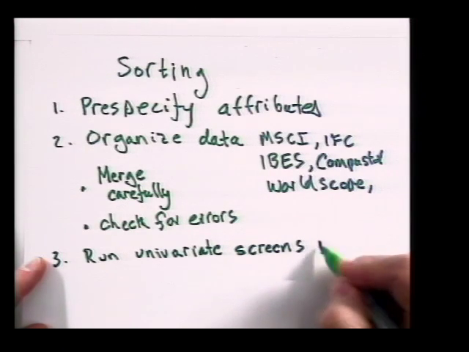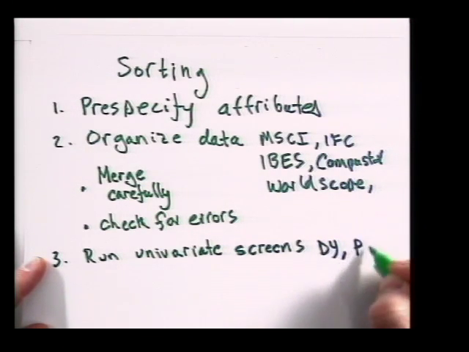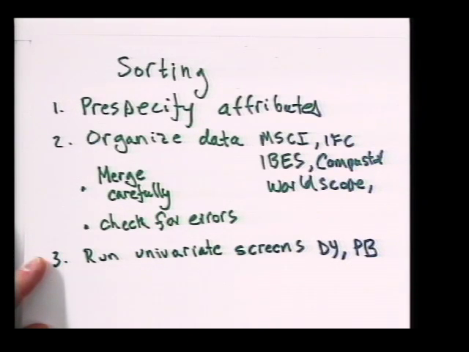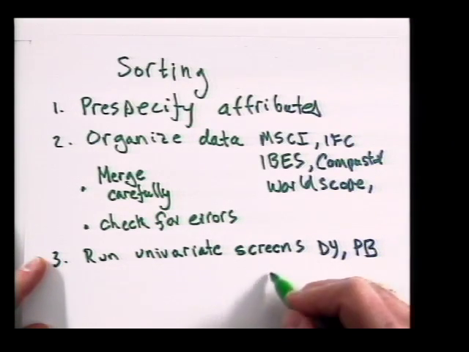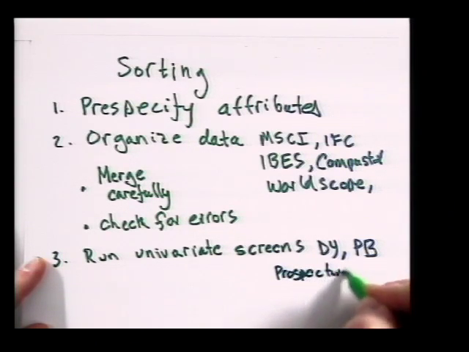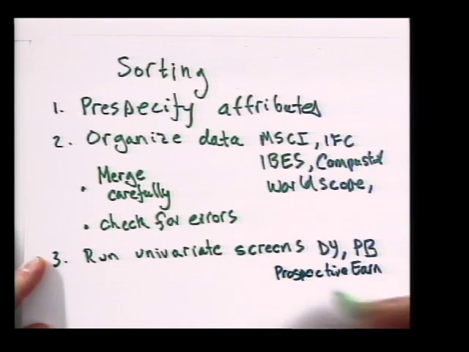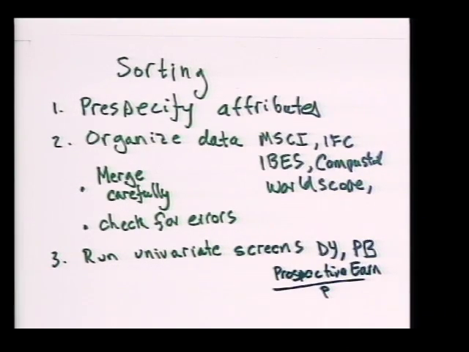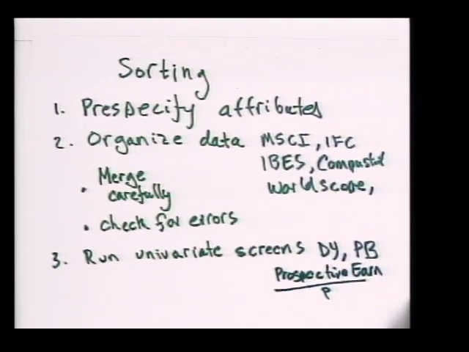So it could be dividend yield, could be price to book, it could be prospective earnings divided by price. Okay, so run univariate screens. It's number 3.